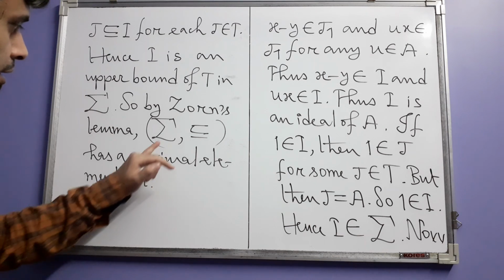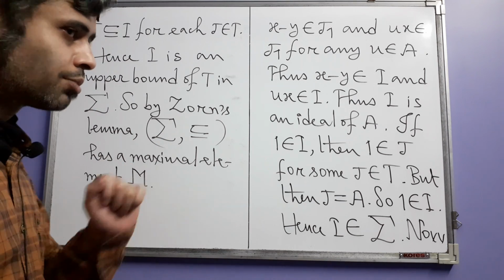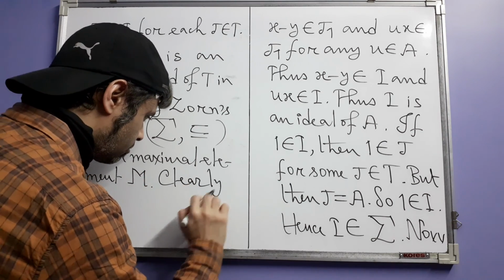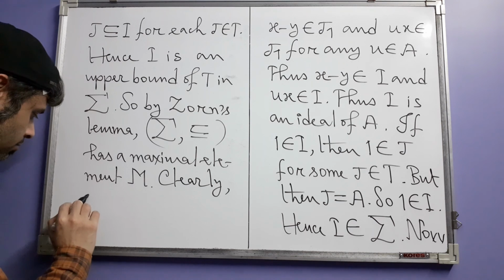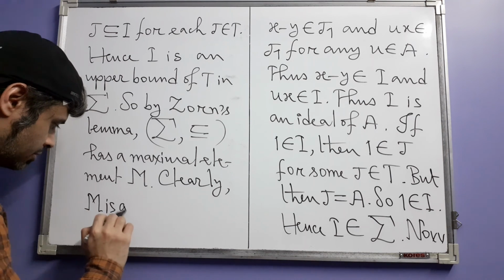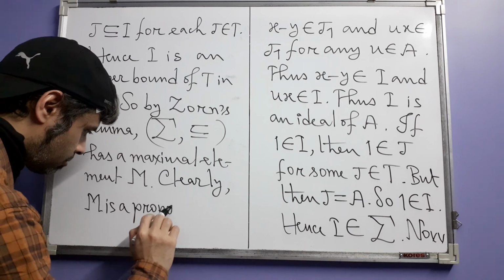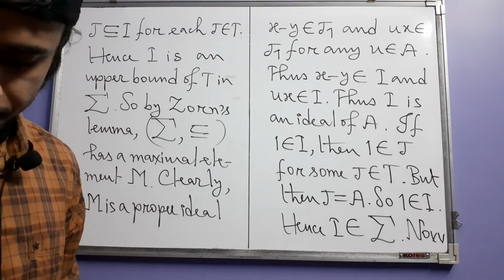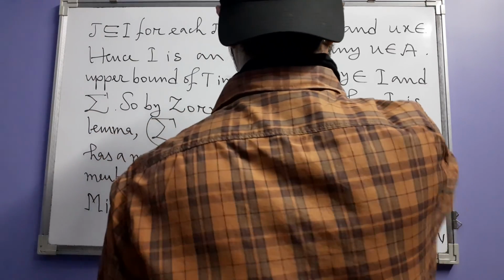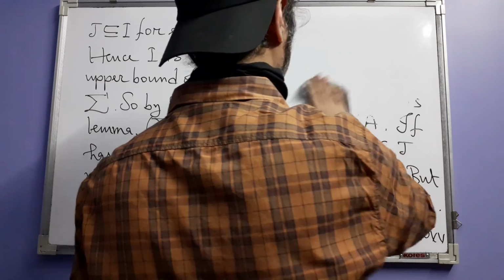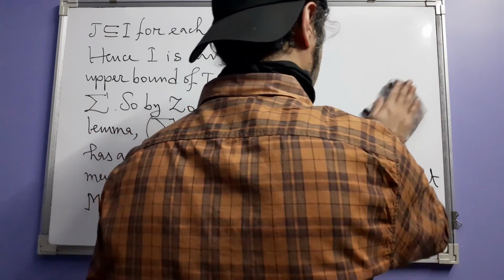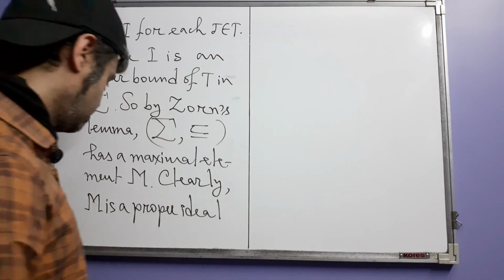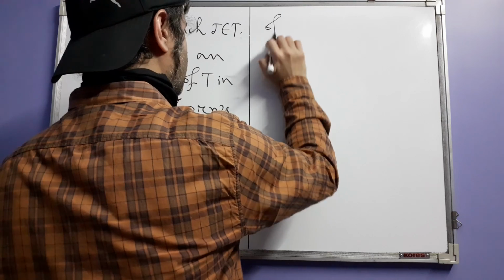First of all, being an element of sigma, it is a proper ideal. M is a proper ideal of A.